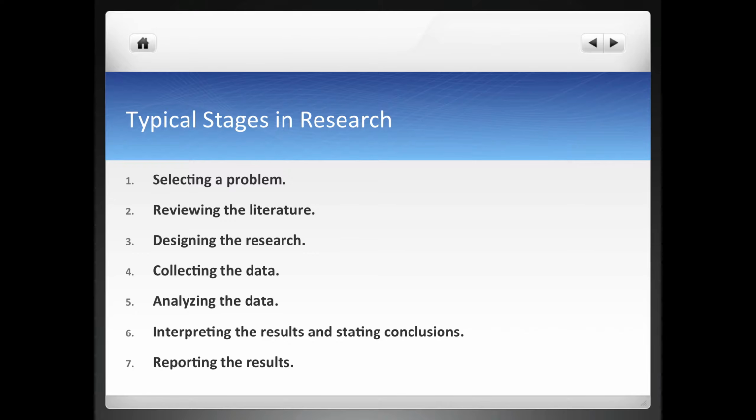Typically, in the presentation of your results in writing, you have an introduction, which states the problem, officially states the research questions, and provides a motivation. Chapter 2 tends to be the literature review. Chapter 3 tends to be the research methodology, the design of your study.